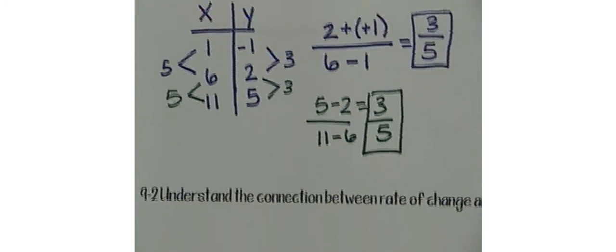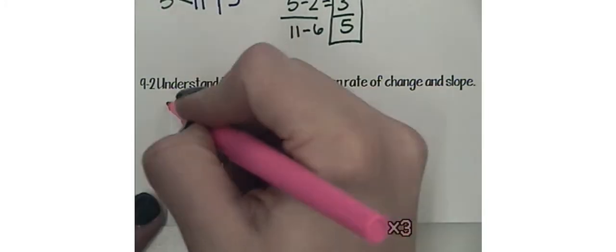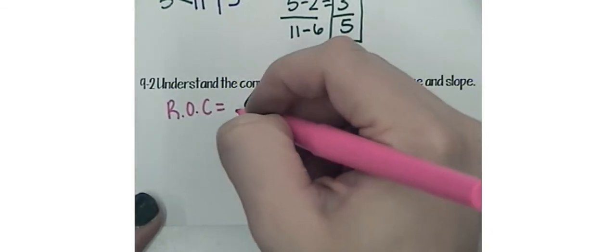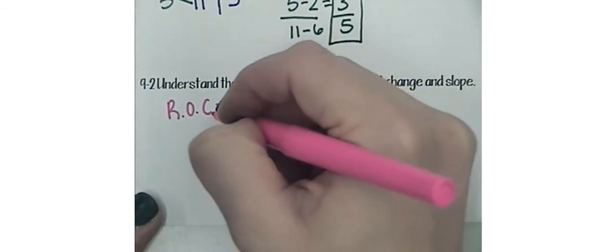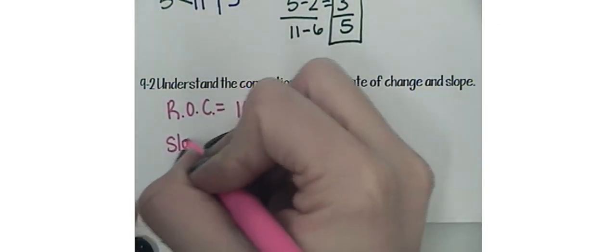Another learning target we had was to understand the connection between the rate of change and slope. They're the exact same thing. They're synonymous. So if I told you that our rate of change is we're earning $10 per hour, and I said, what is our slope, or what's our m?